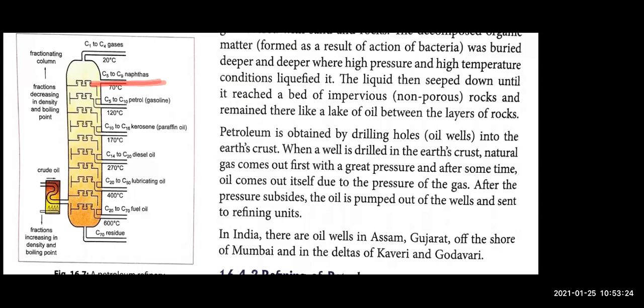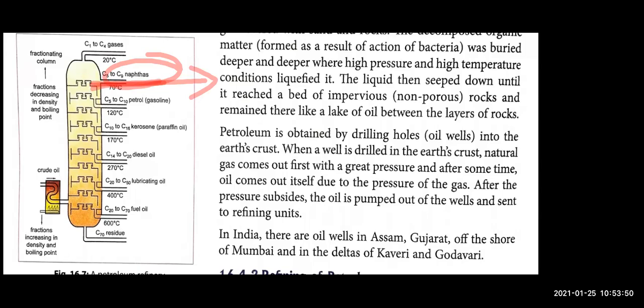Similarly here at 70 degrees centigrade, these naphthas reach their boiling point, they become light and rise up, and as they rise up, they are taken out from here. So at 70 degrees centigrade, the fraction naphthas is obtained during the fractional distillation of petroleum, right?